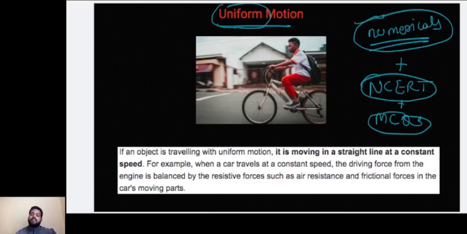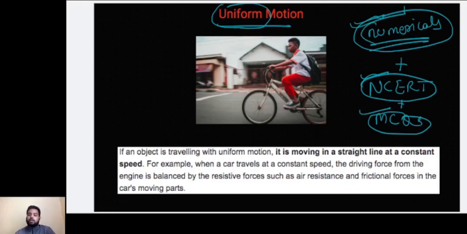At that point of time, we'll discuss the numericals, NCERT questions, and MCQs. But as of now, we'll just try to understand the theory aspect of this chapter in this video. And once the theory aspects get clear, guys, trust me, solving numericals is not at all tough, especially in this chapter. And our team is here, we will be helping you out.